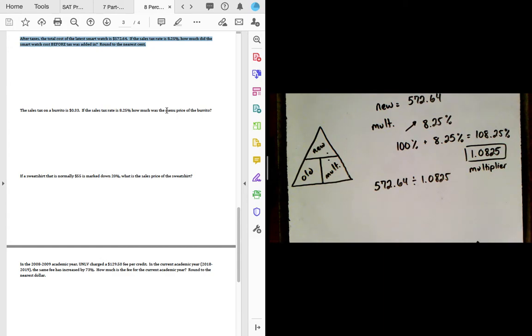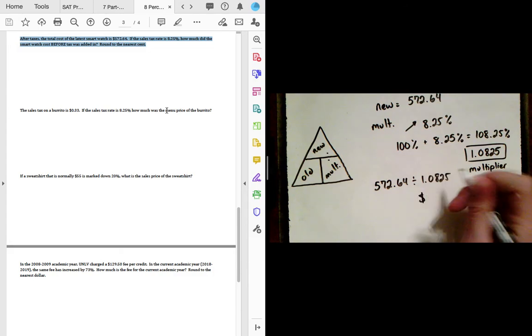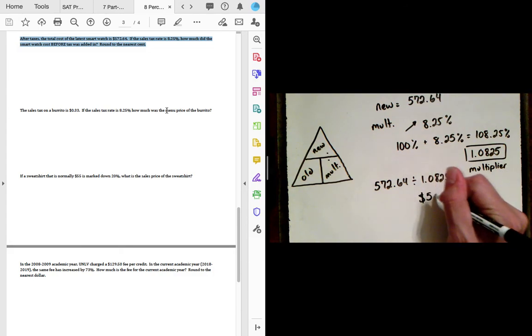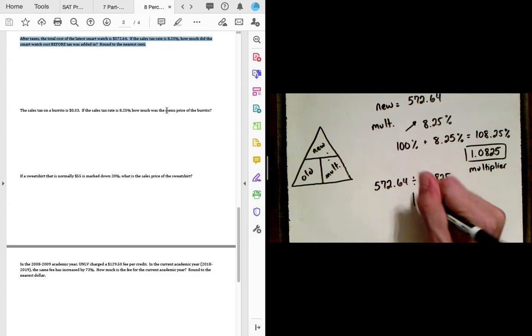And when we do that, we want to round to the nearest cent. I got like 528.997, and so on. So when I round, I'm actually going to round all the way up to the nearest dollar. $529 was the cost before taxes.